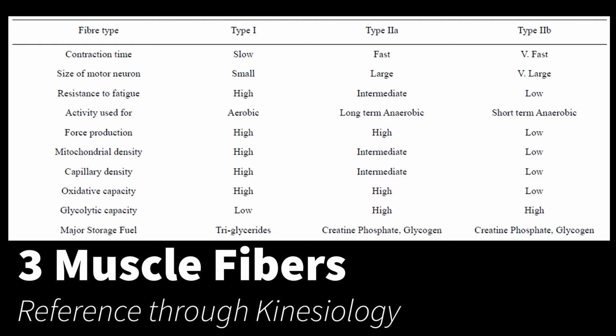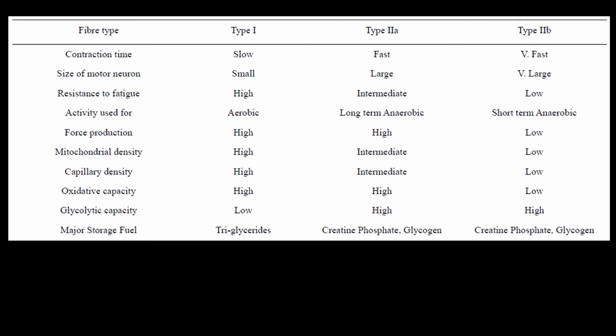So fast glycolytic are basically when someone takes the barbell and does a fast snatch and then drops it. That's it. Fast oxidative glycolytic is when you watch the Olympics, someone runs the 100 meter. That's when those fibers will get engaged.